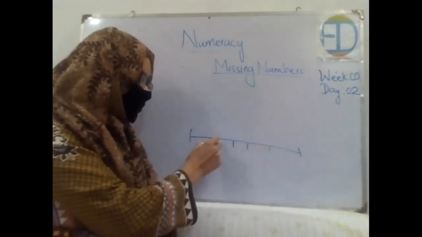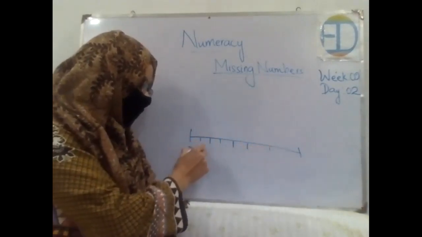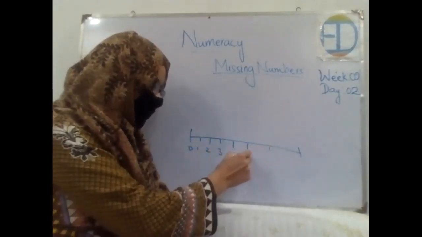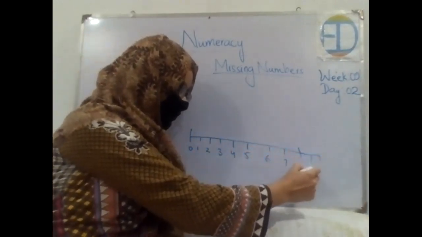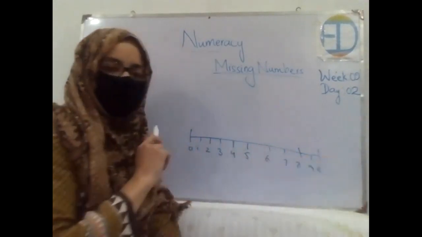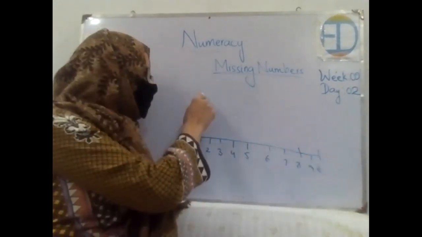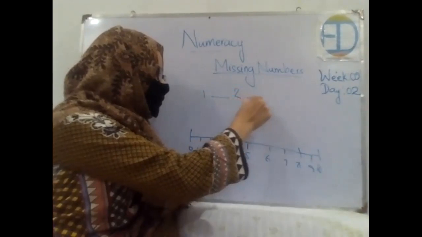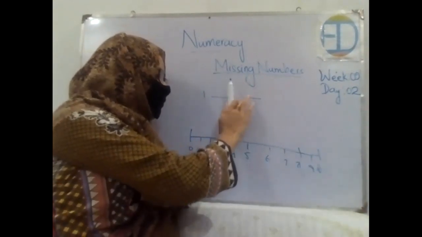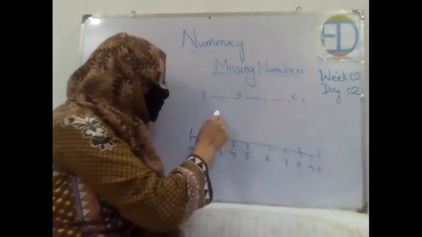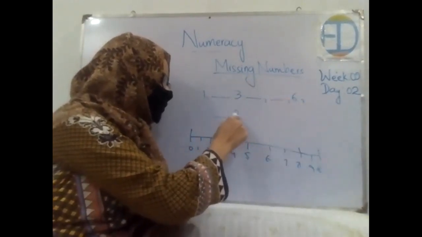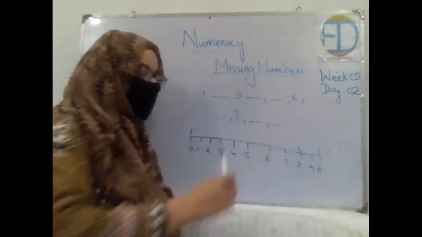So it was that, let's say, 0, 1, 2, 3, 4, 5, 6. We draw a number line, then the numbers were written like this, right?